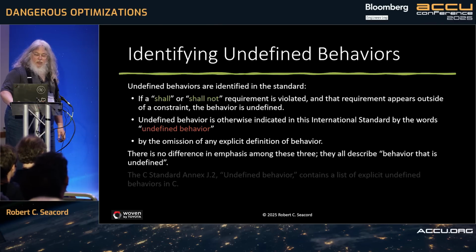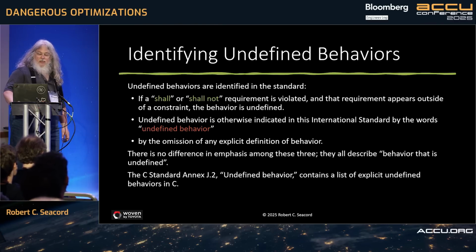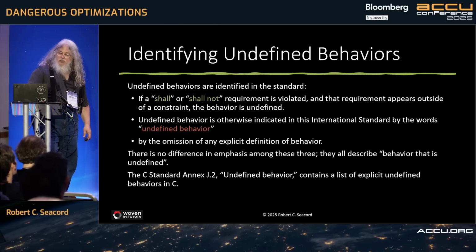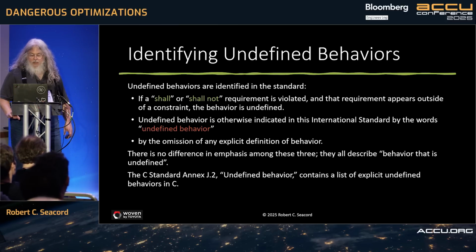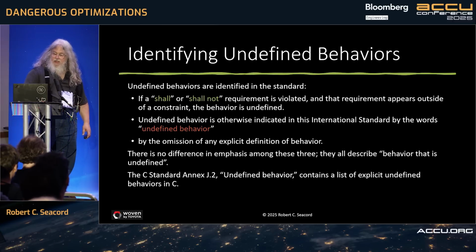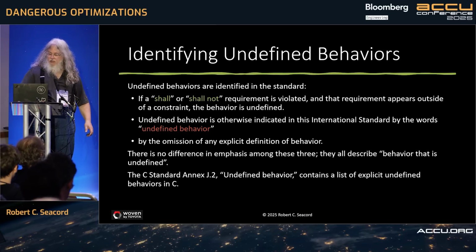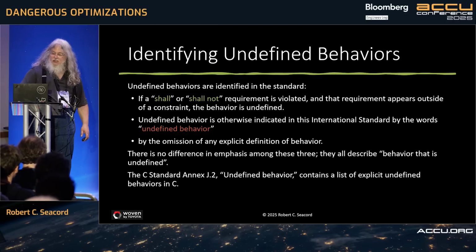They're all undefined behaviors. We have a list in the C standard, Annex J.2, of undefined behaviors, maintained by the editor of the standard. It has a list of the explicit undefined behaviors in C, obviously not the implicit ones because we really don't know what those are. But this list is not always correct. It's very convenient, it's nice, but sometimes it's wrong.